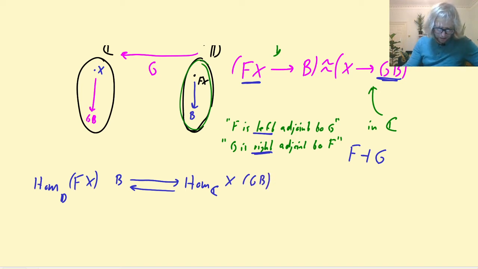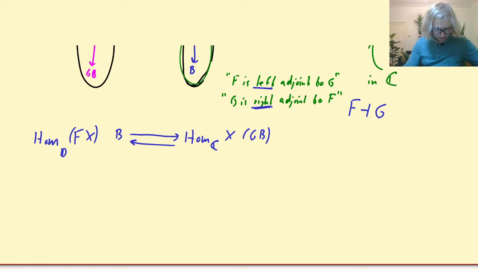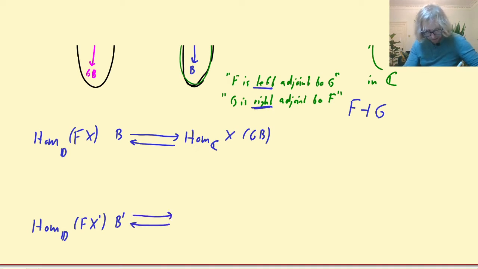But now let's assume that I can do the same thing for some x prime and some b prime. So here I have f of x prime, and here I have b prime, and I should be able to go back and forth to the hom in C of x prime and g of b prime, right?